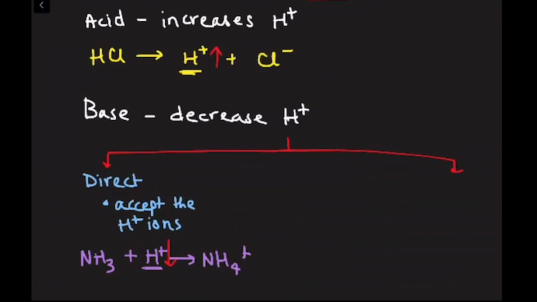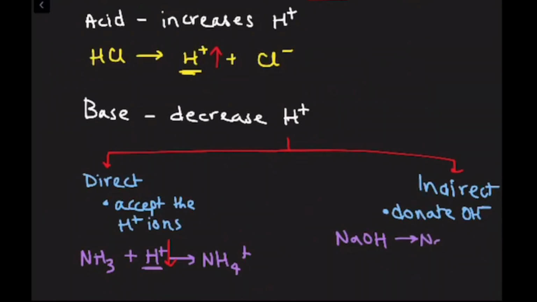Now, the second way that bases can decrease the H plus ion concentration in a solution is indirectly. They do this by donating OH minus ions. An example of this would be sodium hydroxide. In water, sodium hydroxide dissociates to form Na plus and OH minus.